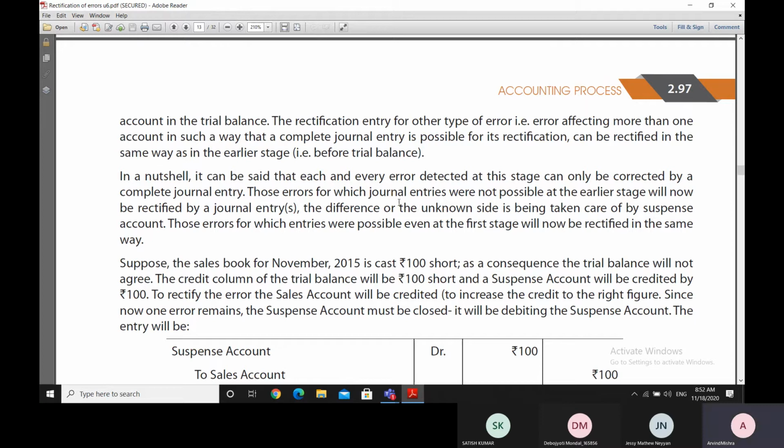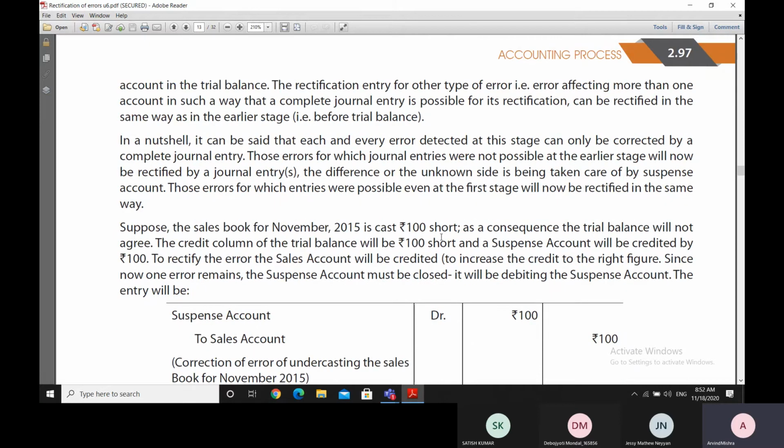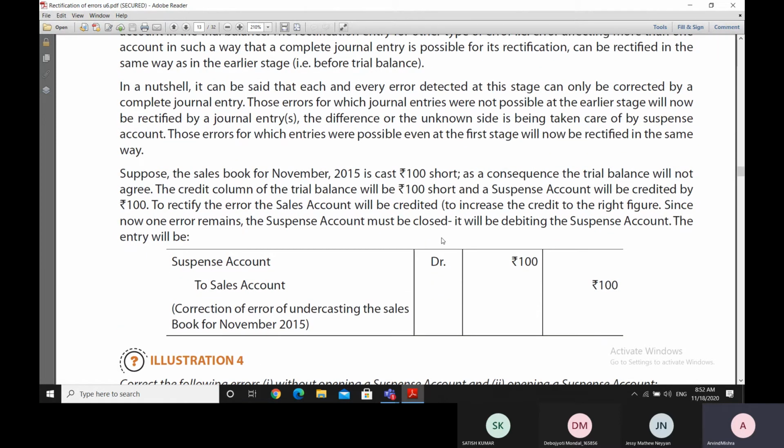Because the errors for which journal entries were not possible beforehand, or before the preparation of the trial balance, will also be rectified by a journal entry, and those errors for which entries were possible will also be rectified in the same way, that is by making a journal entry. So all we have to do now is make a journal entry.